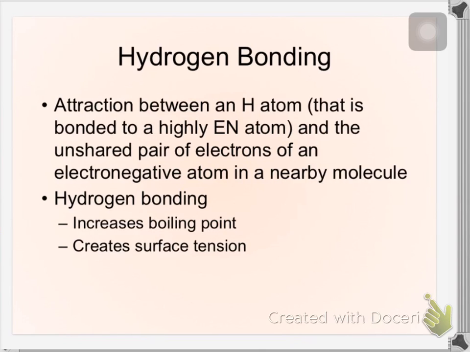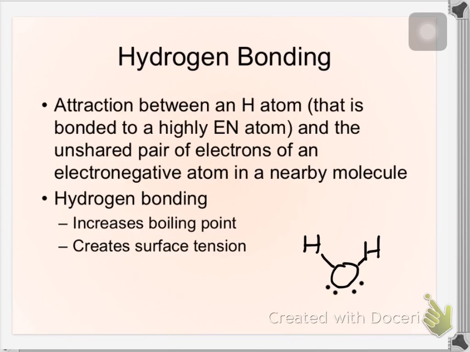So hydrogen bonding is a little bit more intense. Remember our friend Mickey? So we've got our water with those two unshared pairs. So water's got a couple things going on here. It's got a strong dipole. But more importantly, it has these unshared pairs down here.